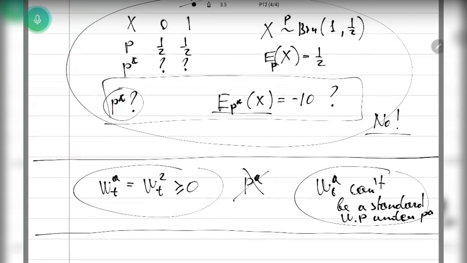We would need a lot of time to go through all the details. So basically, the answer is yes, but we won't consider the process of creation of P star. We just believe that there is a P star, that it exists.